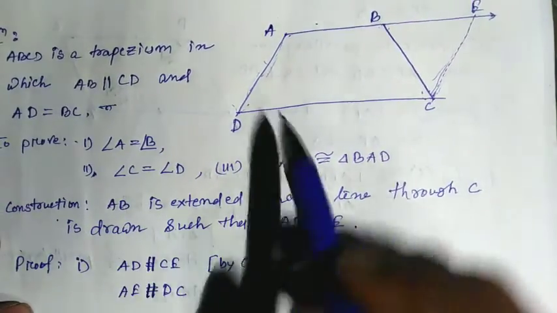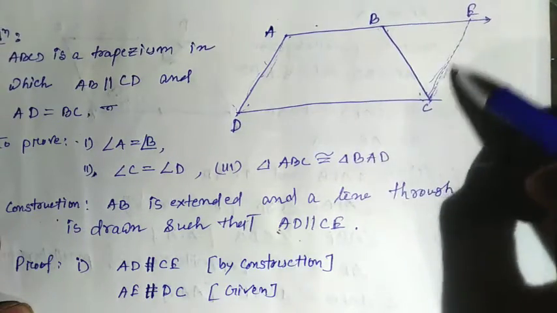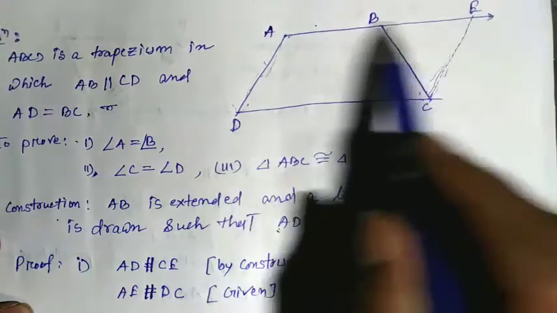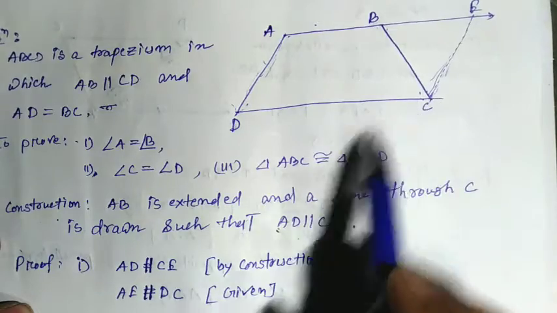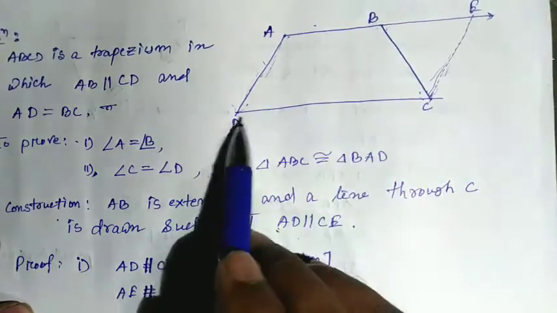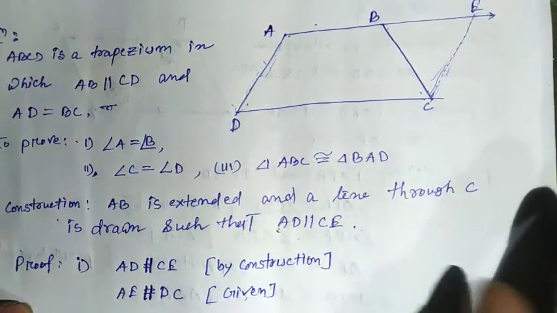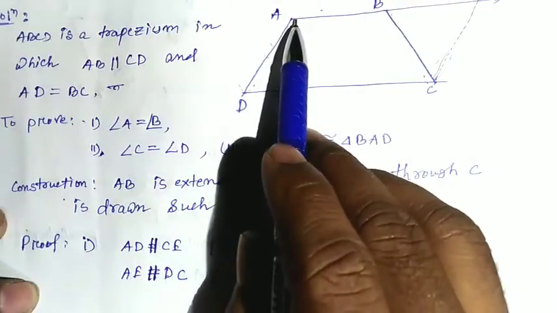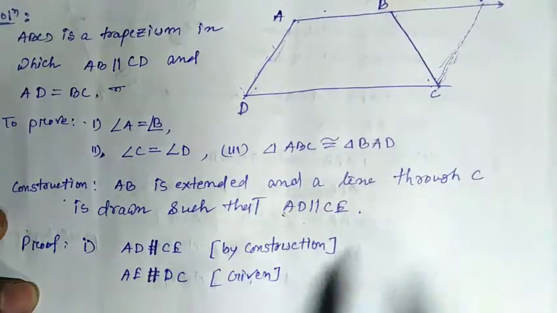See, AD is parallel to CE by construction, and AE is parallel to DC. It is given that AB is parallel to DC, so AE will also be parallel to DC. So you can say that this quadrilateral ADCE is a parallelogram.